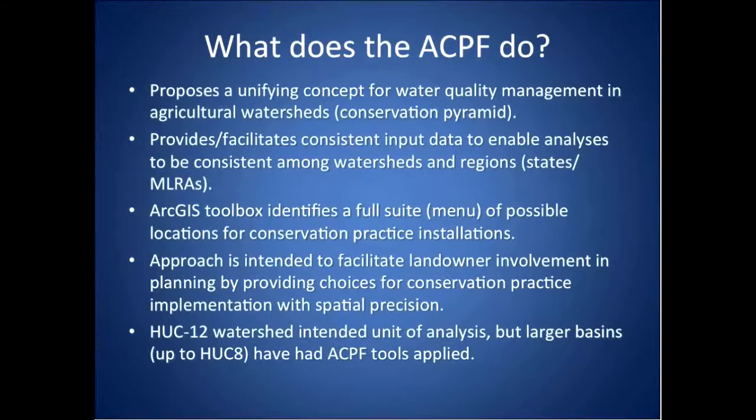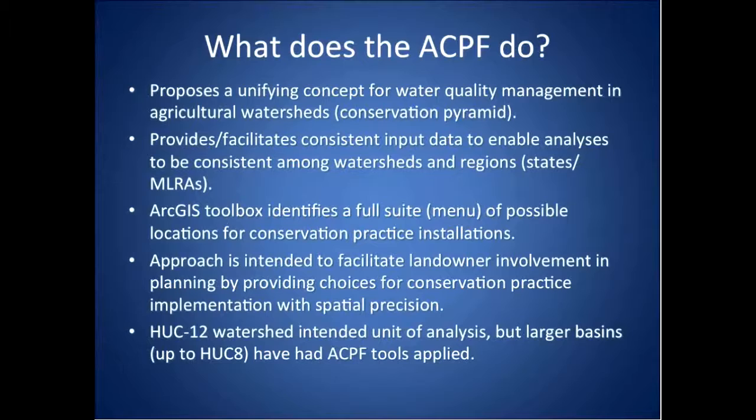What is the ACPF and what does it do? Well, it has a unifying concept. It's underpinned by this concept for water quality improvement and management, and that's expressed through a conservation pyramid. It's quite a simple concept. I'll be showing you that here in just a couple of slides.